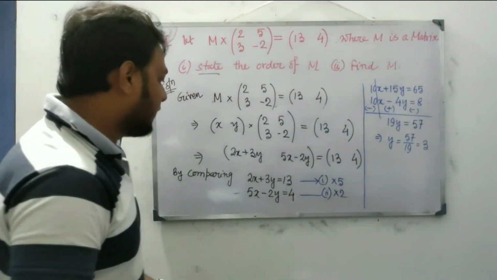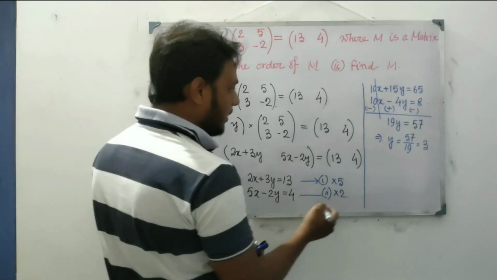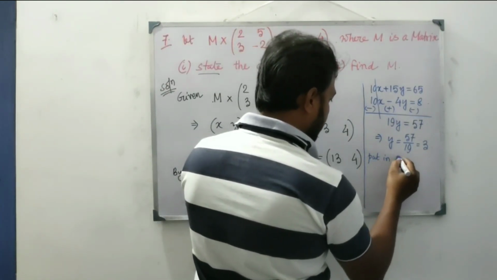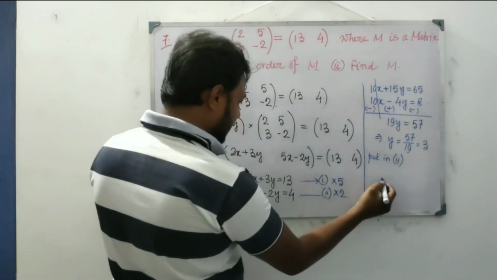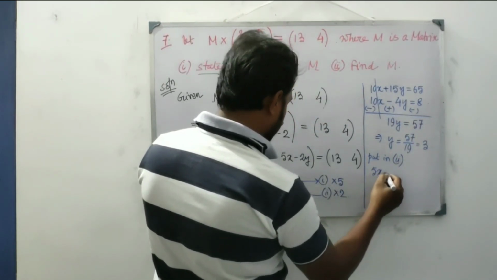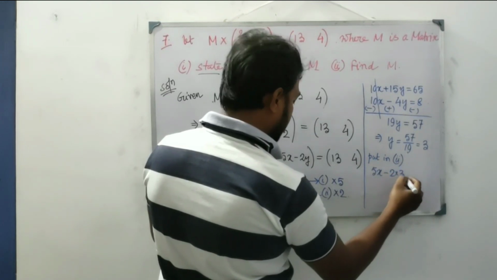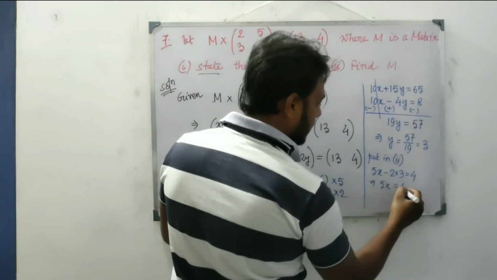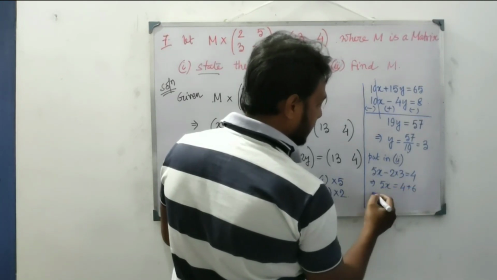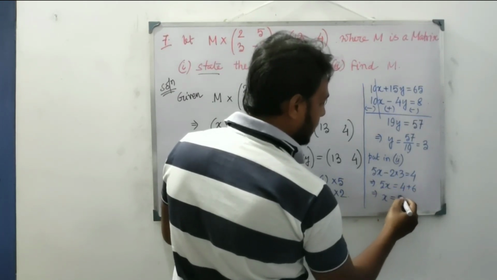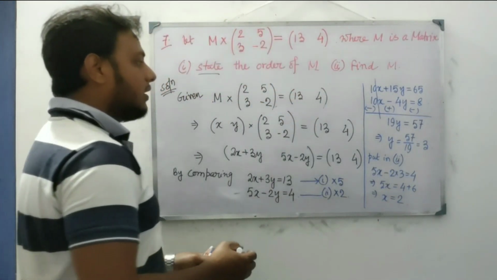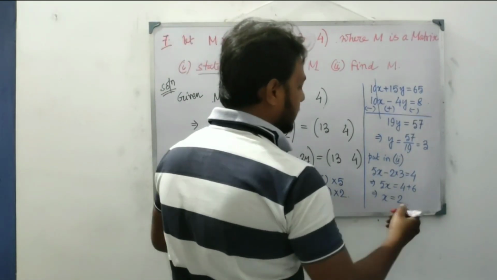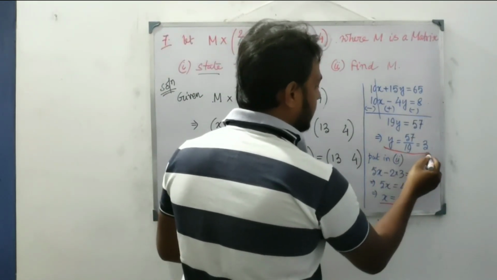So we get y. Now put the value of y in any one equation. Putting in equation 2: 5x minus 2 times y, which is 3, equals 4. This implies 5x equals 4 plus 6, therefore x equals 2. So now we have x equals 2 and y equals 3.